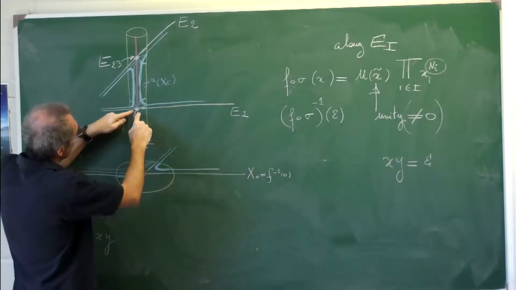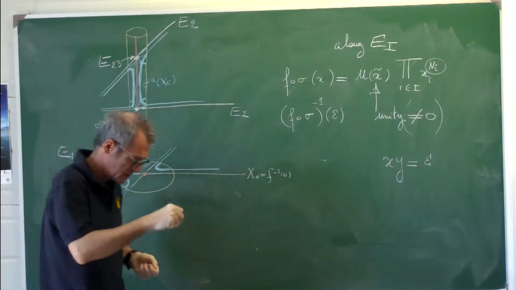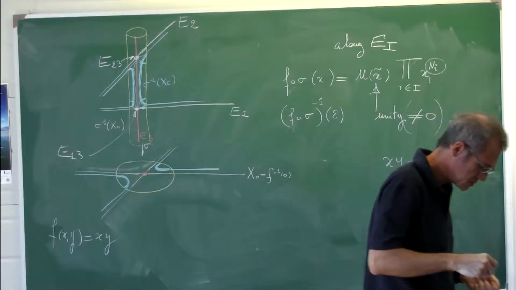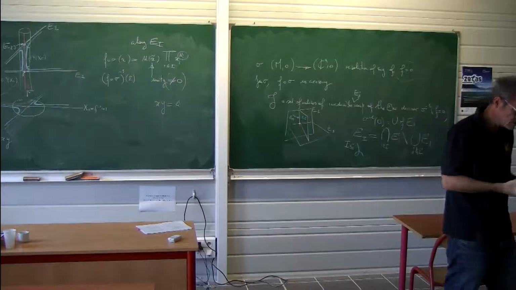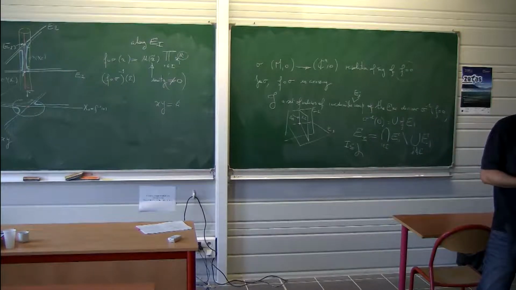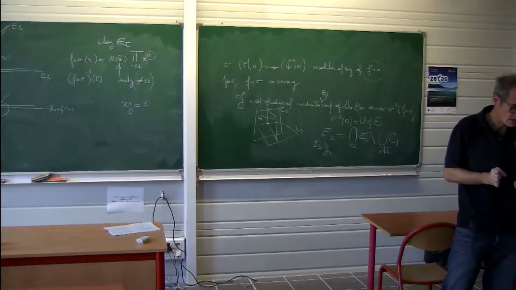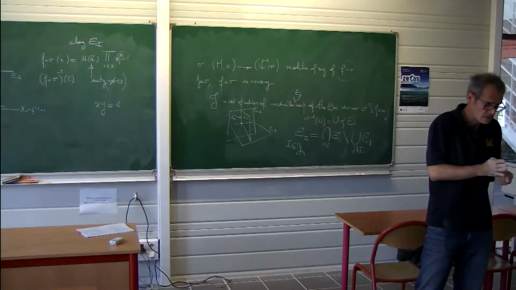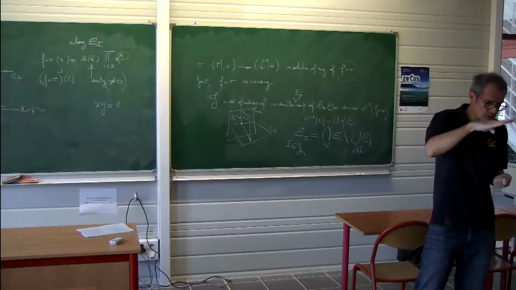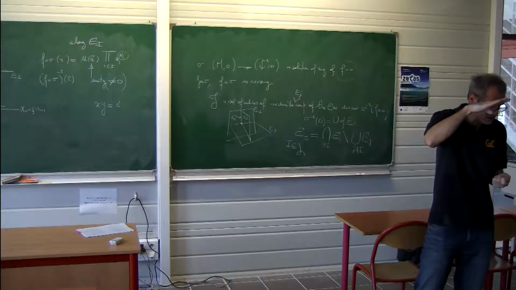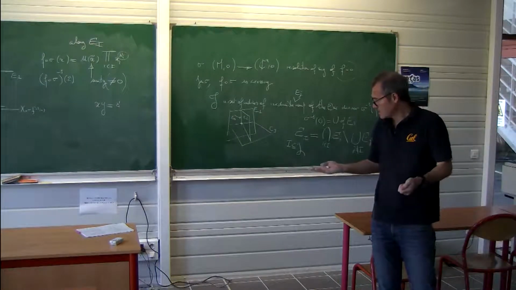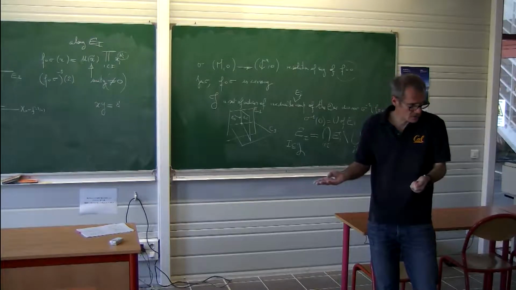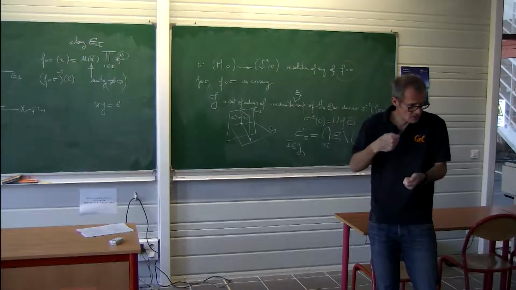So taking apart strata of the highest dimension, hypersurface strata, above all the other strata of small dimension you have tori.